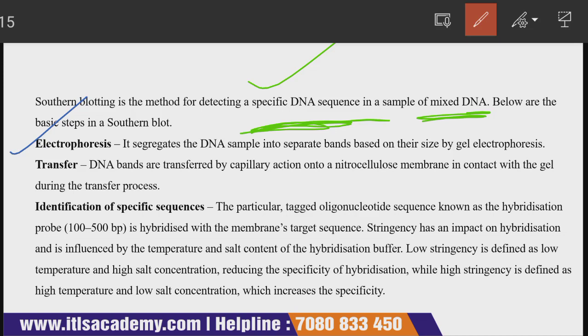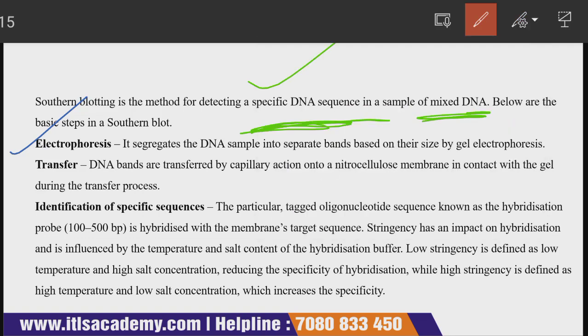Low stringency is defined as low temperature and high salt concentration, reducing the specificity of the hybridization, while high stringency is defined as high temperature and low salt concentration, which increases the specificity.